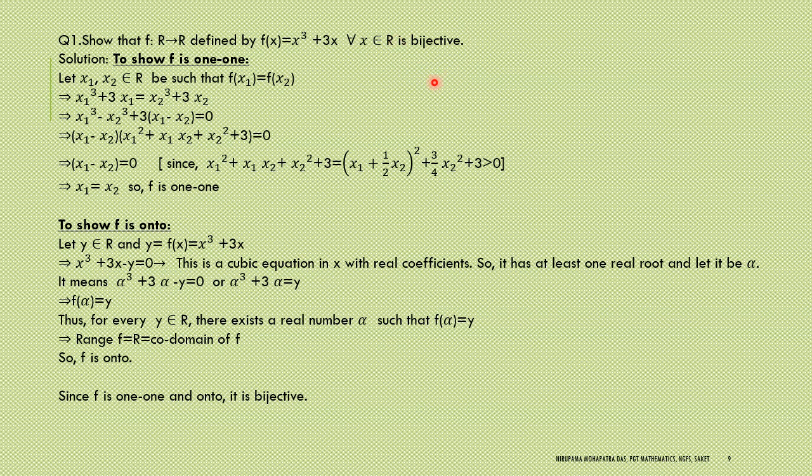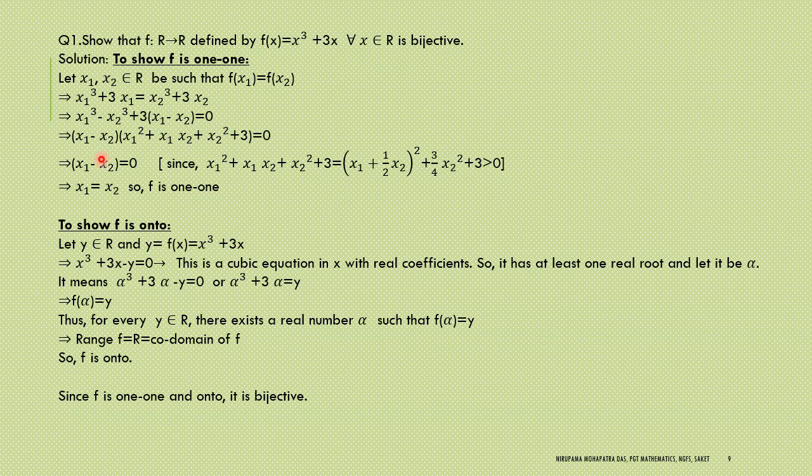A function is bijective if it is one-one and onto. So step 1 is to show f is one-one. Suppose x1, x2 belong to the set of real numbers, the domain, and let f(x1) equal to f(x2). So x1 cube plus 3x1 equal to x2 cube plus 3x2. Just see the simplification: x1 cube minus x2 cube plus 3 times x1 minus x2 equal to 0.